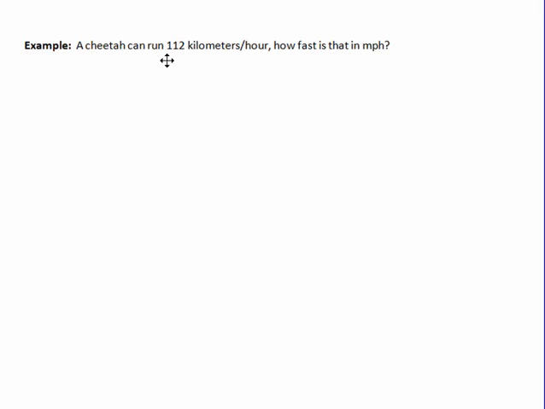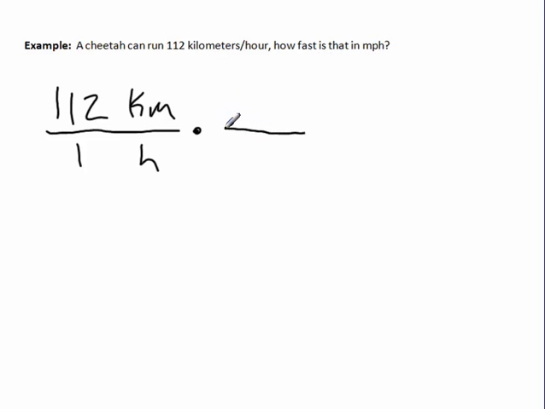So a cheetah runs 112 kilometers per hour, and I want to know how fast that is in miles per hour. So 112 kilometers for every 1 hour. And again, we're converting. I want to convert from kilometers per hour to miles per hour. So I want to get rid of kilometers.